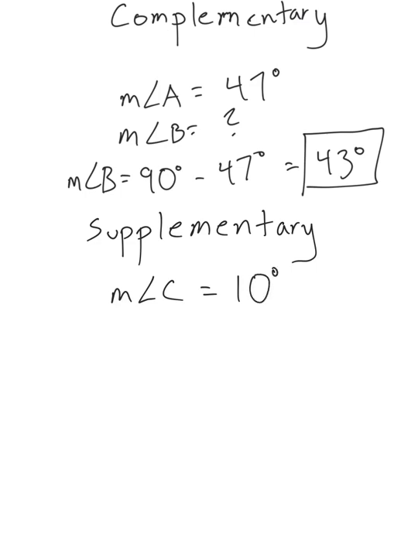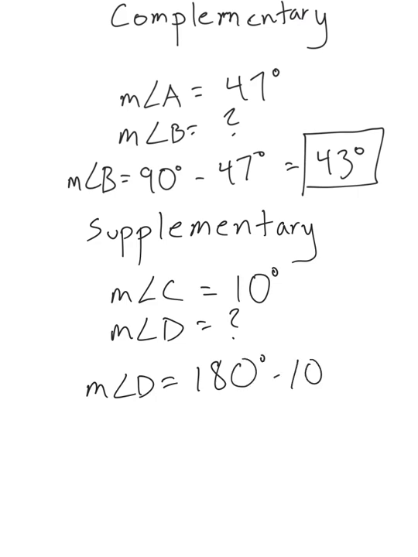Since we want to find the measure of angle D, and we know supplementary angles have to add up to 180 degrees, measure of angle D must equal 180 degrees minus 10 degrees, which would make measure of angle D pretty large. It would be 170 degrees. Okay.